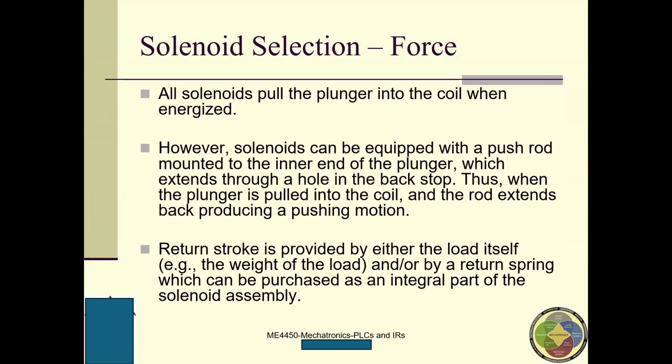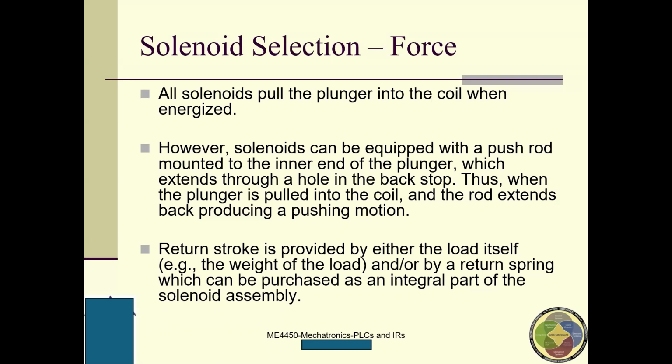So all solenoids pull the plunger into the coil when energized. That's the reason I told you the original type of solenoid is a pull type. How can we get a push type? We just open a hole at the backstop, and that will be a push type.